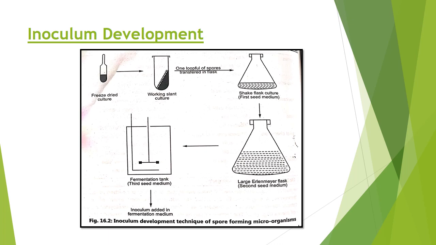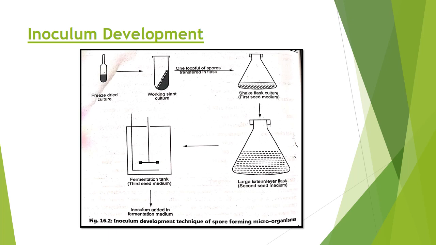After that, we will transfer this first seed medium into another large flask which contains the maximum quantity of media. We will mix the media properly so that uniform distribution will take place.